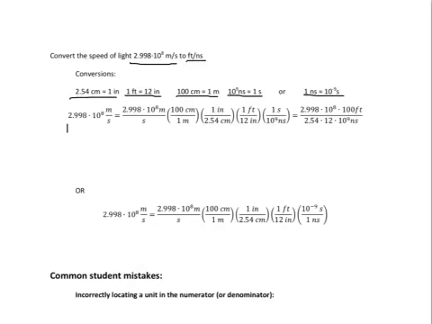So I start out with my initial quantity, 2.998 times 10 to the 8th meters per second. I write it this way. I use this conversion first to turn the meters into centimeters.